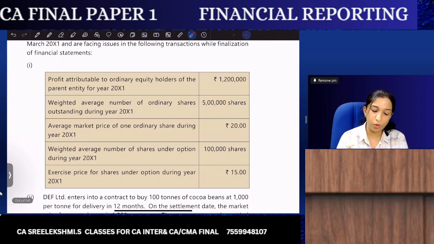Profit attributable to ordinary equity shareholders 12 lakhs. Weighted average number of ordinary shares 5 lakhs. Average market price of one ordinary share 20. Weighted average number of shares under option 1 lakh. Exercise price 15.